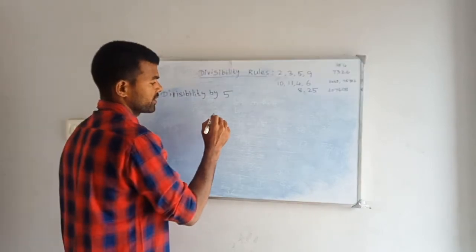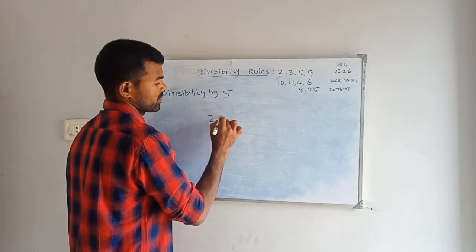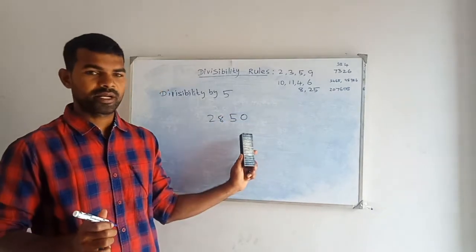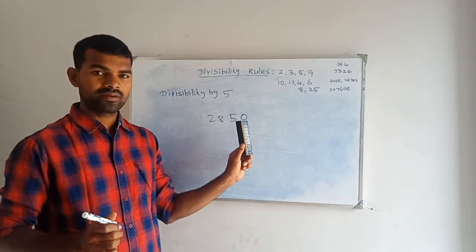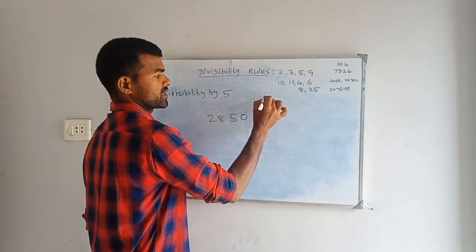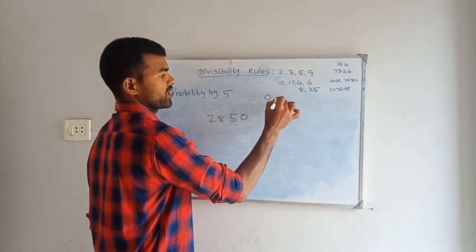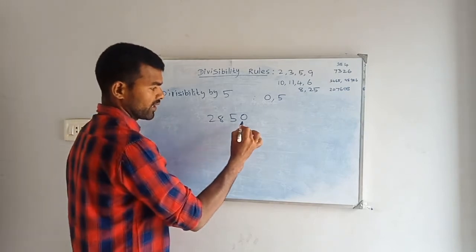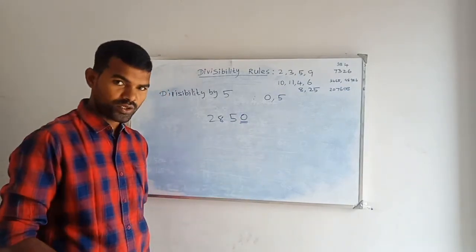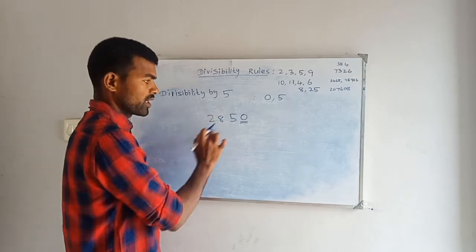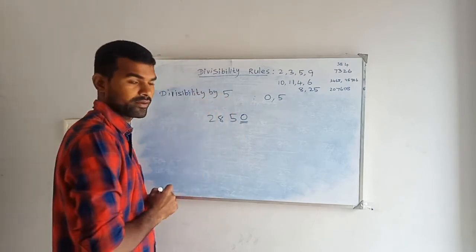The rule is the unit digit must end in 0 or 5. See now, what is the unit digit here? 0. If it ends in 0, then this full number can be divided by 5.